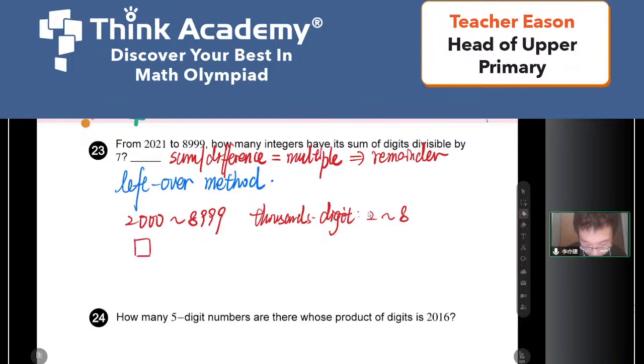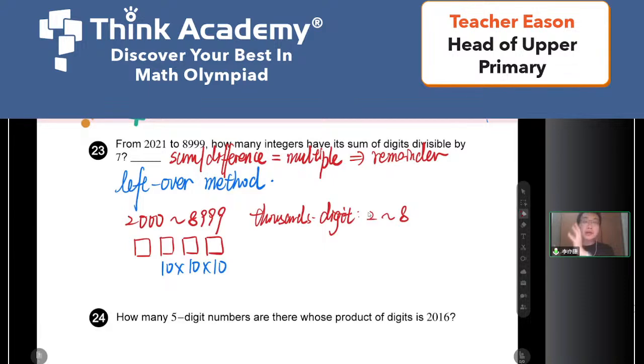So firstly, we just let the last 3 digits be any random number we like. So we have 10 times 10 times 10. We can randomly determine the last 3 digits, right?